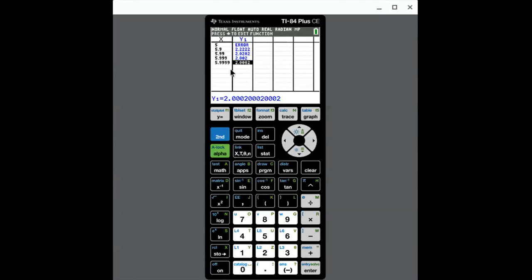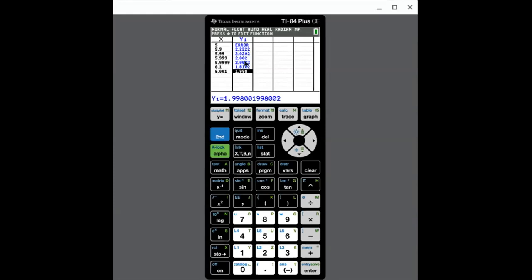Now, if you do a number that's slightly larger than 6, like 6.1, you'll get 1.81, right? But if you do like 6.001, it's 1.9980. You see what I mean?